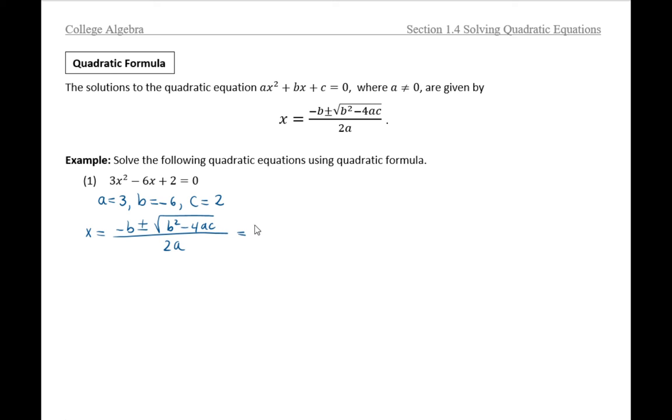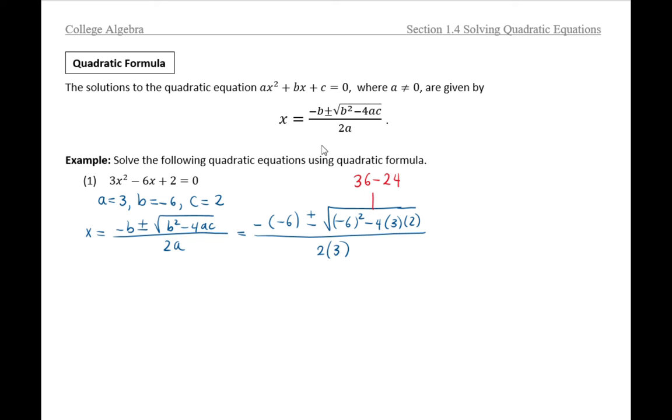So negative b is negative 6 here, plus or minus square root of b squared, which is negative 6 squared. It's going to be positive, so it's going to be minus 4 times 3 times 2, and then the whole expression divided by 2 times 3. So you see this part will be simply 36 minus 24, right?